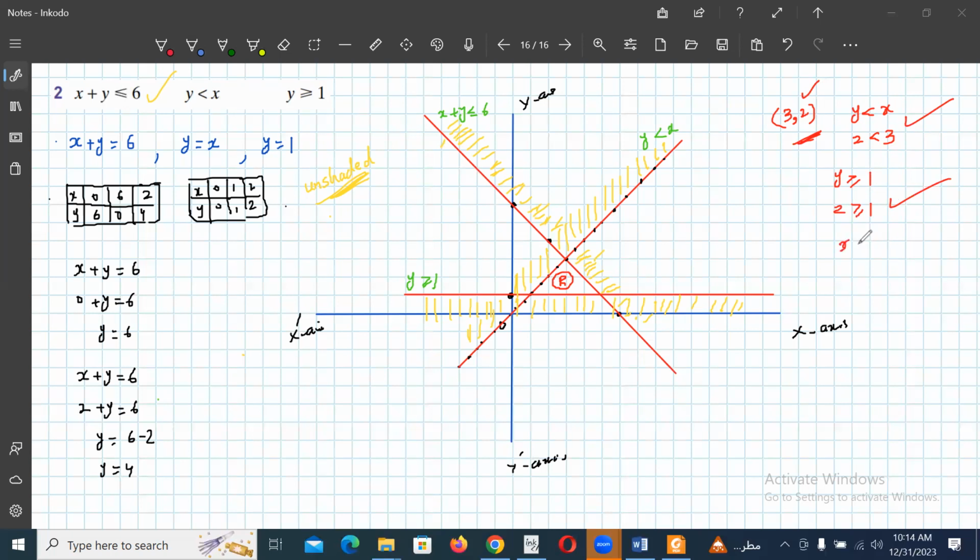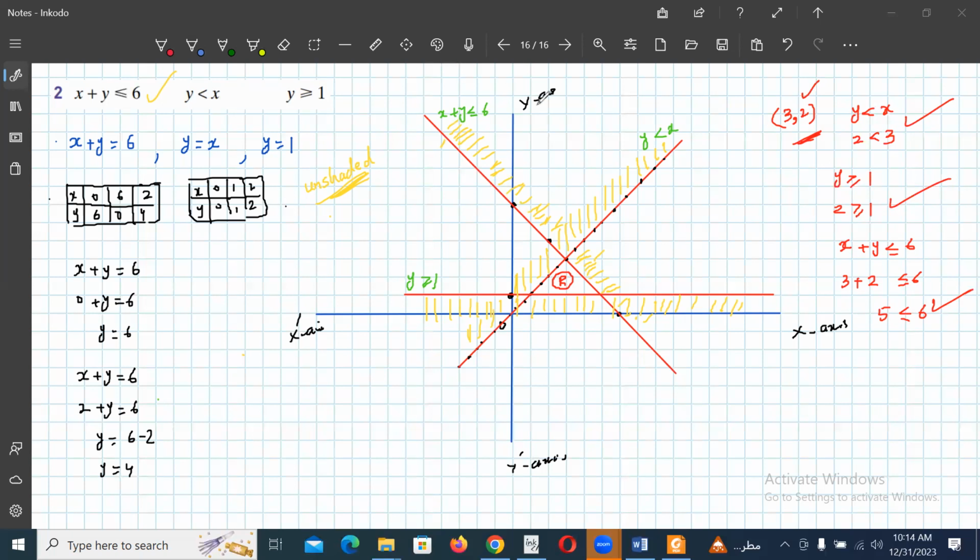If I check the first inequality, x plus y less than or equal to 6, with 3, 2: does it hold or not? My x value is 3, my y value is 2, which is 3 plus 2 equals 5, and we know that 5 is less than 6, so this also satisfies. It means our region is correct.